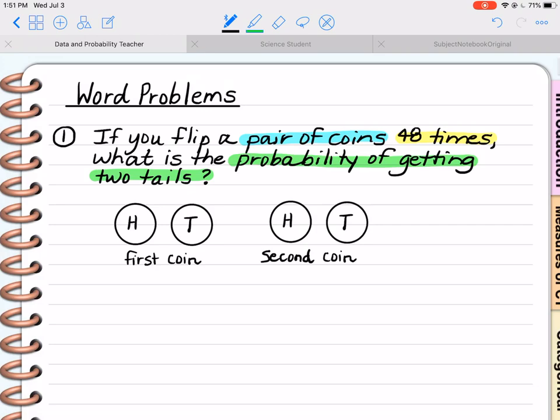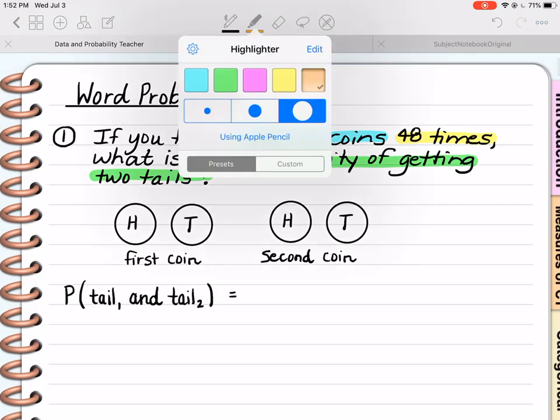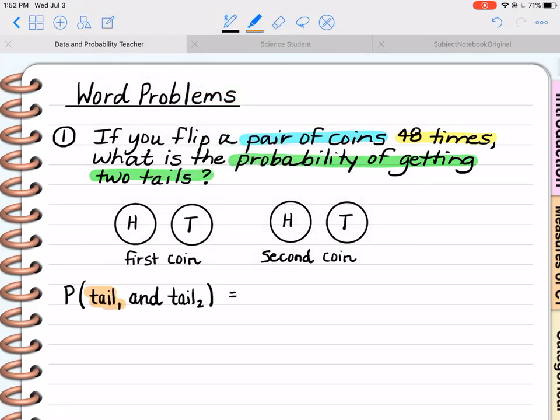So let's set up what we have. We want the probability of a tail on the first coin and a tail on the second coin. And I'm just using 1 and 2 to represent my coins. So, first thing I need to do is figure out the probability for this one, the first coin.